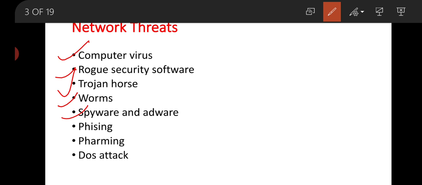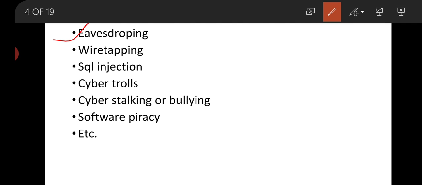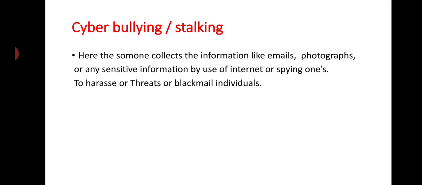Then worms, spyware and adware, phishing, pharming, denial of service attack, and next, eavesdropping, wiretapping, SQL injection, cyber trolls, cyber stalking or bullying, software piracy, etc. There are many more threats happening these days, and we are not able to identify that risk.